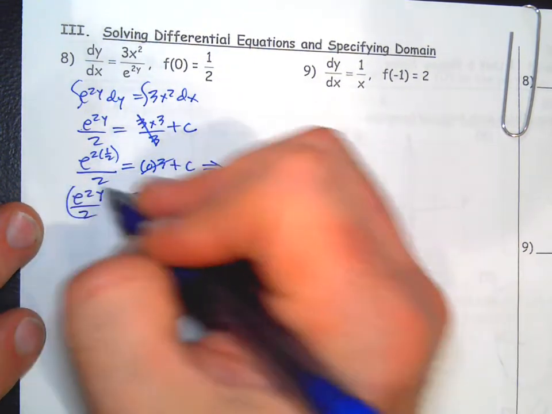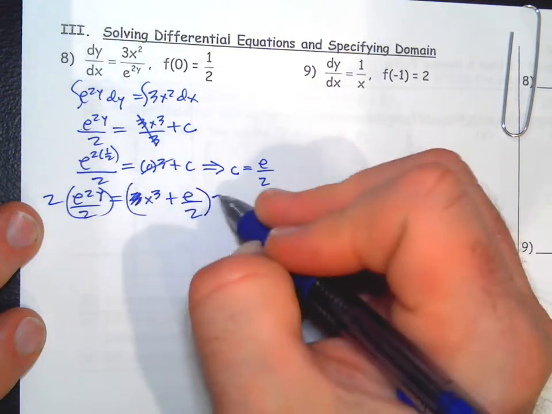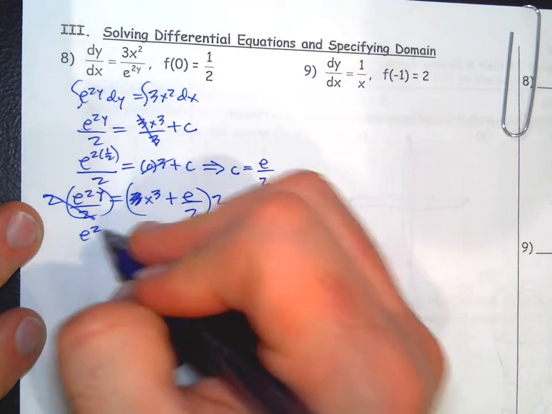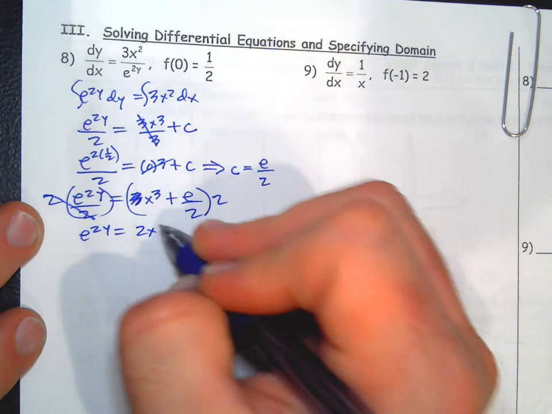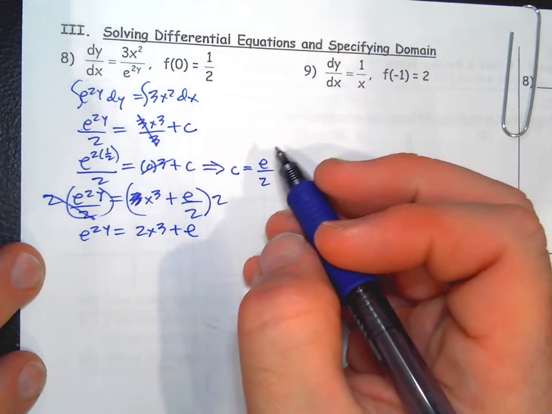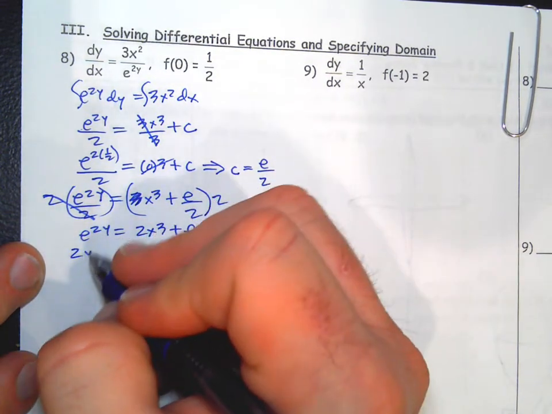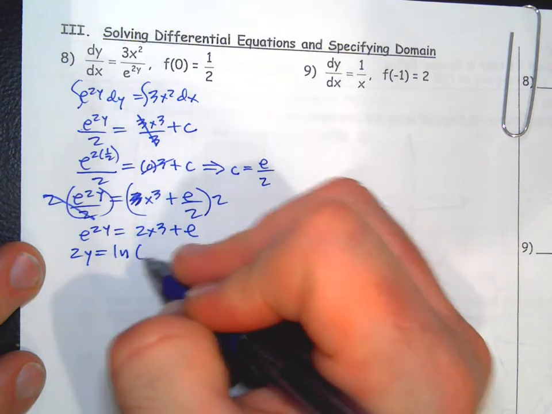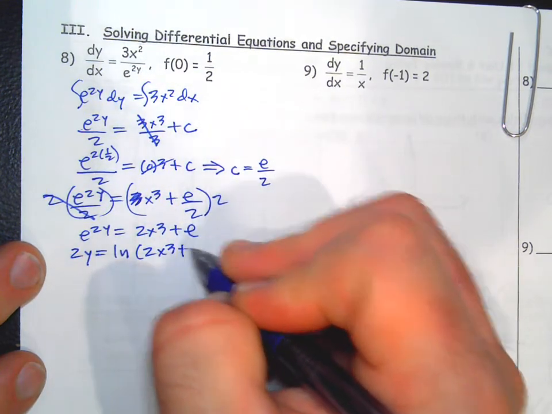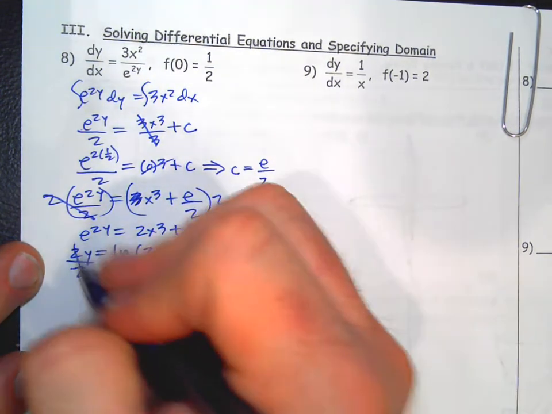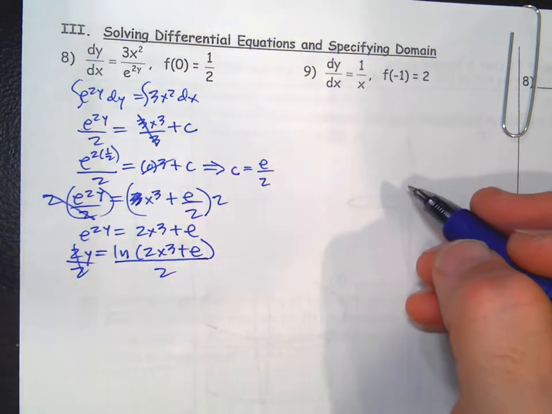Solve for Y. Take the natural log of both sides. Divide both sides by 2. So that's what we got.